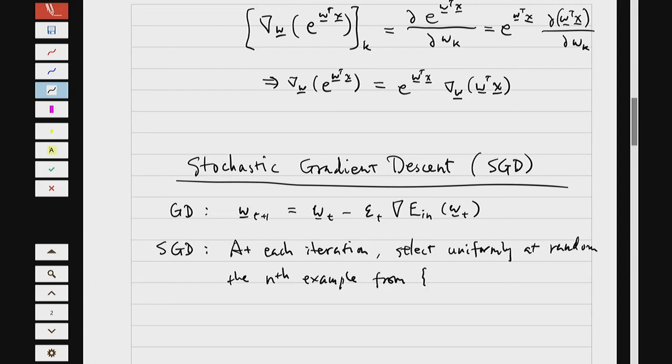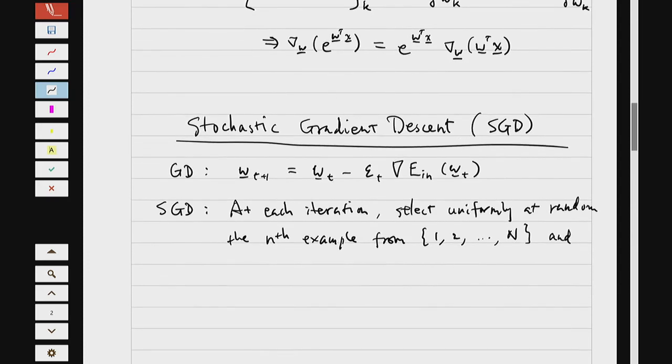So the index is 1 to n, right? Just pick one of them at random, toss a coin or whatever. And then you just use the gradient of that sample to update. Everything else is the same.